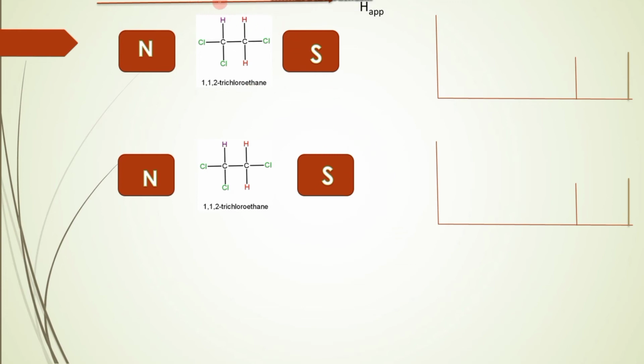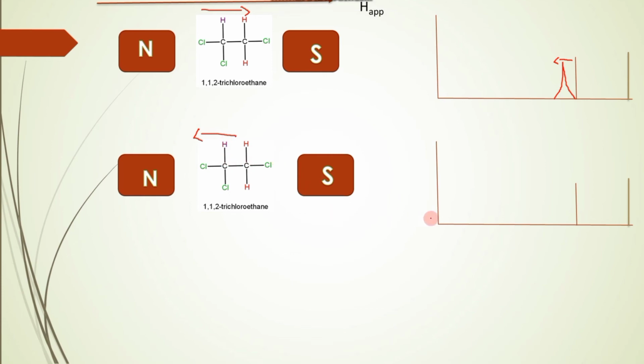Similarly for these two hydrogen protons, this is the applied magnetic field, and this hydrogen can align itself with the magnetic field. So this proton experiences a magnetic field strength that is more, so it is shifted towards lower energy, so we get a peak here. The other possibility for this condition is, this is the applied magnetic field and this can be opposing the applied magnetic field.